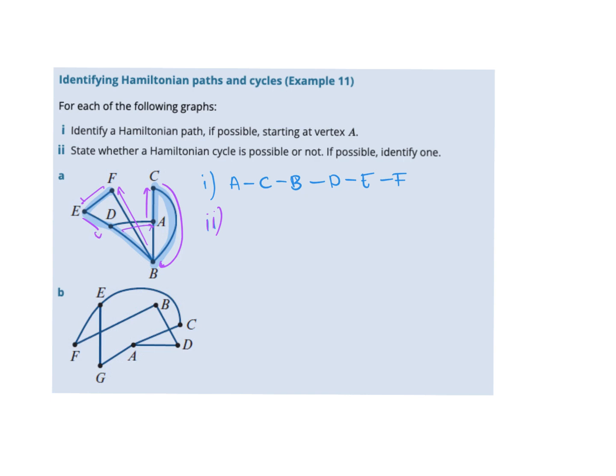So I can get a Hamilton cycle, but it was different to my path. So you can see I'm just using trial and error there. Use your pencil, rub it out, and then when you finally get your answer, maybe get a highlighter or a coloured pen, and really show the examiner or me what you're doing, okay?